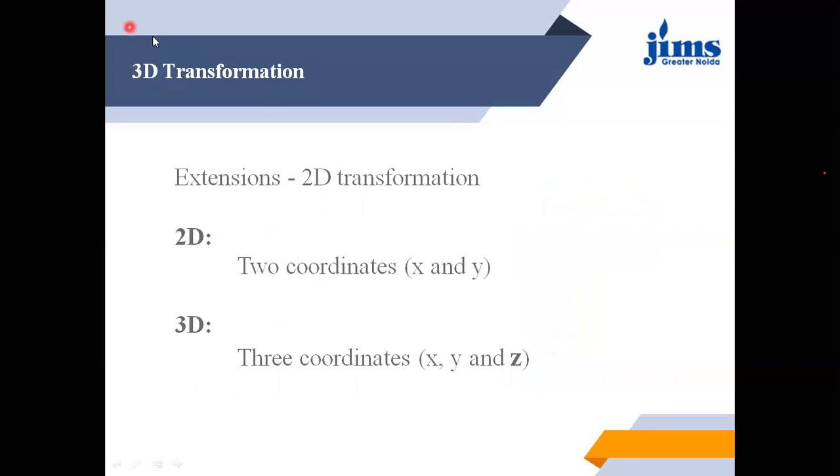As we discussed earlier, when we have an object in 2D, it has x and y coordinates.